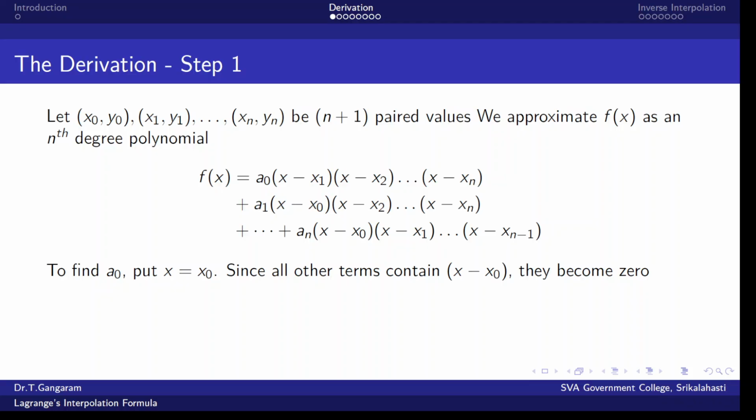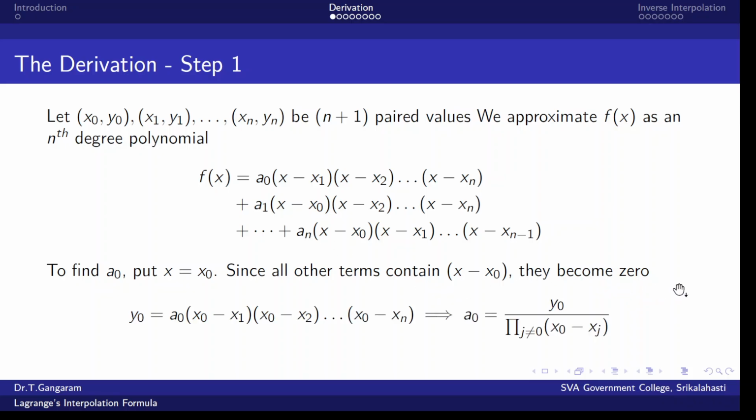To find the first coefficient a0, put x is equal to x0. Since all other terms, from a1 to an, contain x minus x0, they become 0. So y0 is equal to a0 into (x0 minus x1)(x0 minus x2) so on (x0 minus xn).